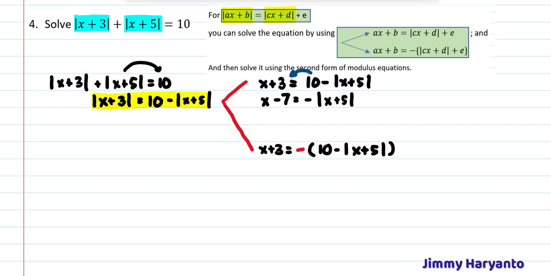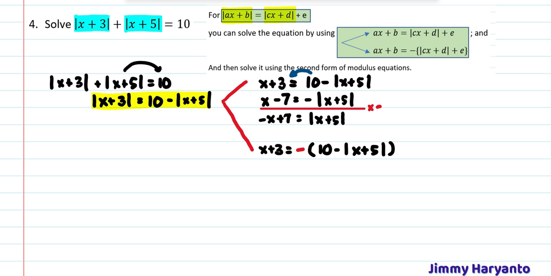And then we will multiply them all by negative, so the x plus 5 will be positive. The absolute value has to be in positive sign. That means you will have negative x plus 7 equals positive absolute value of x plus 5. There you go. Okay, that is the first part.